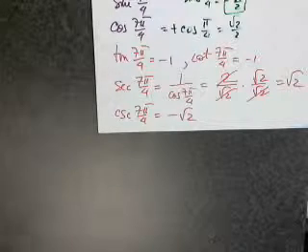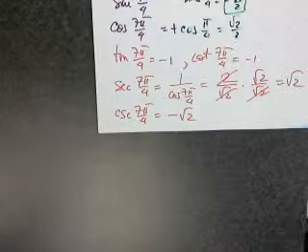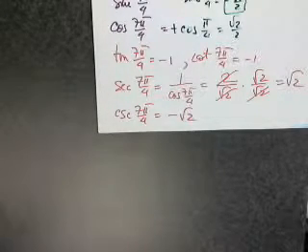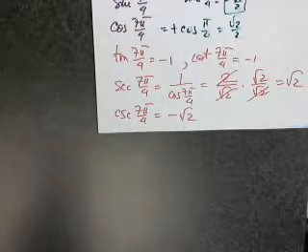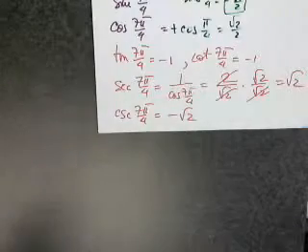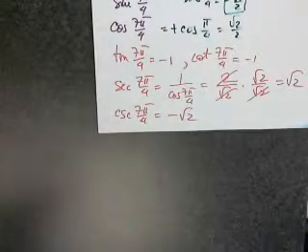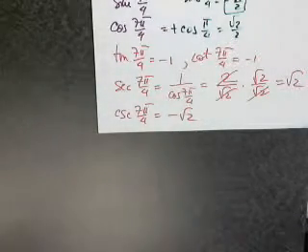Any questions? Yes? In order to get 7 pi over 4 on the unit circle, you counted 7 dots? Like I counted, in one quadrant there are 2 of pi over 4, 45 and 45. So 1, 2, 3, 4, 5, 6, 7.